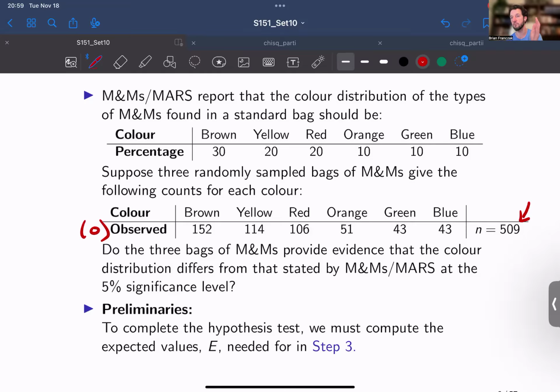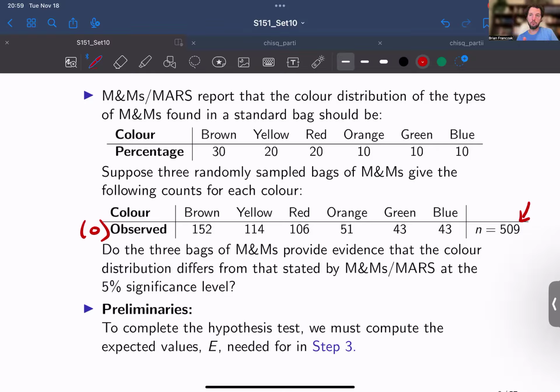Each outcome in that distribution will have a given probability of being observed. So the question is, is it true, based on this sample, that 30% of the bag are brown, 20% yellow, 20% red, 10% green, 10% orange, 10% blue? Is it true that this color distribution is as stated by the company?